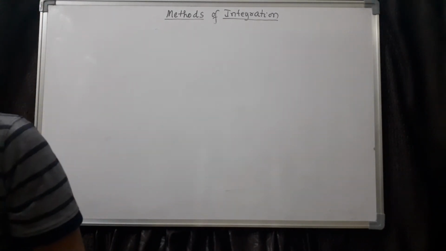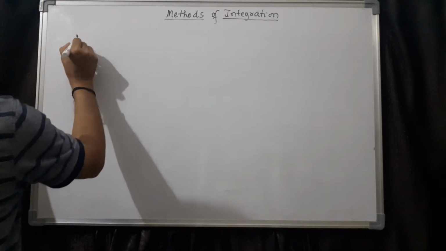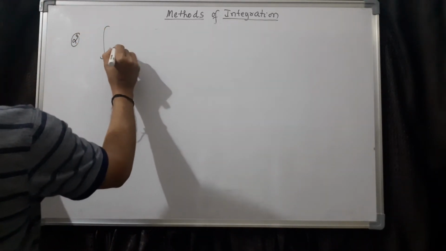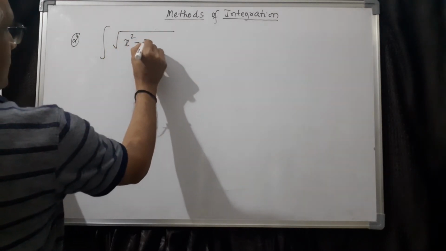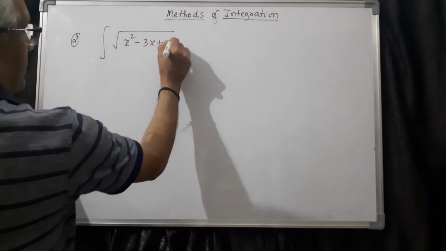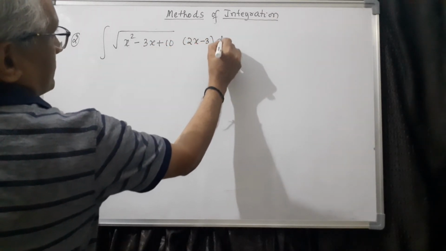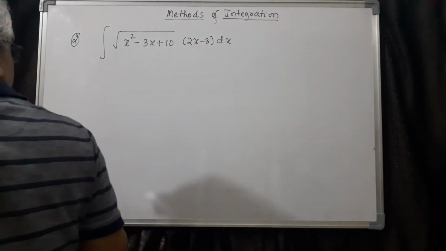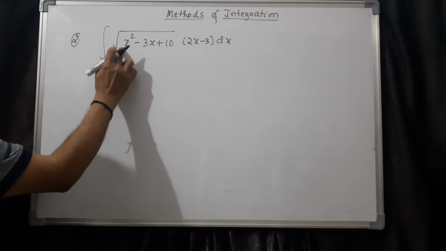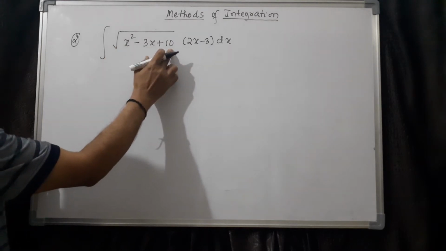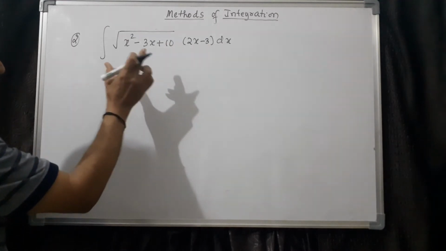Say second example is square root of x square minus 3x plus 10, then 2x minus 3 dx. Here also, this is a composite function: x square minus 3x plus 10, then square root, then this. Of course, you have to identify how.